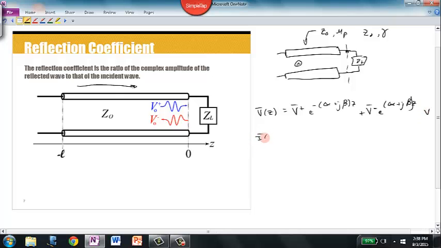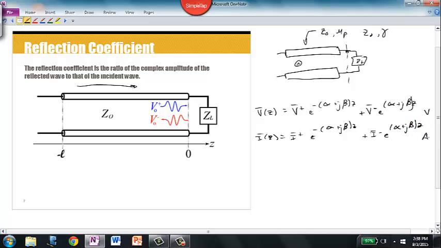The current phasor is equal to I bar plus e to the, and then exactly the same exponents, and that's in amps.